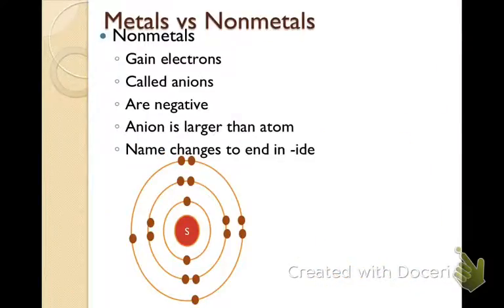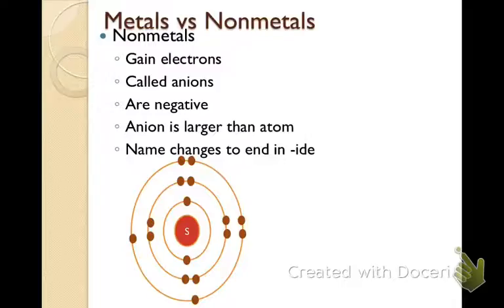All right, so here are nonmetals. We'll use sulfur as our example here. These guys will actually gain electrons to have a full energy level. Now if we notice sulfur here, it should have 16 electrons, and it has 6 valence electrons. So let's think about what would take more energy: to gain 2 more, or to lose the 6 valence electrons that are in there.